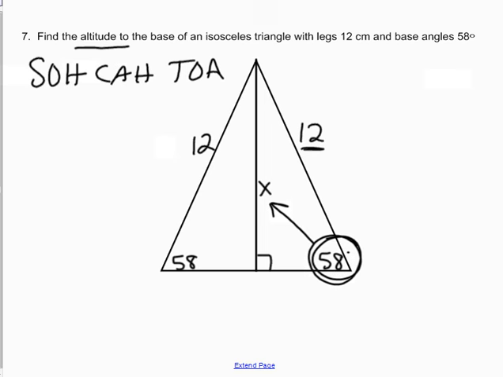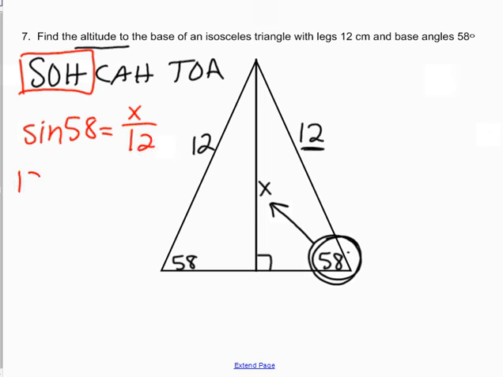Opposite, hypotenuse, that's going to be sine. So, the sine of 58 equals the opposite, which is x, over 12, the hypotenuse.